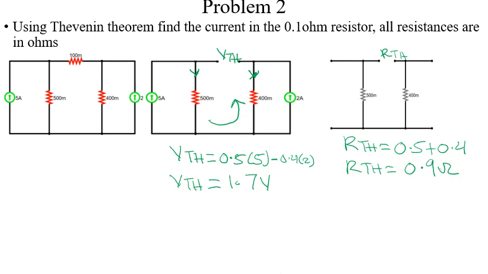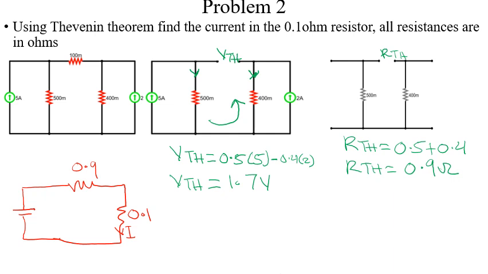After doing this, we find the Thevenin equivalent circuit, and the Thevenin equivalent circuit is this: our VTH in series with our load resistor. So our I is here, and the resistor we removed was 0.1, and our RTH was 0.9. Our VTH was 1.7.